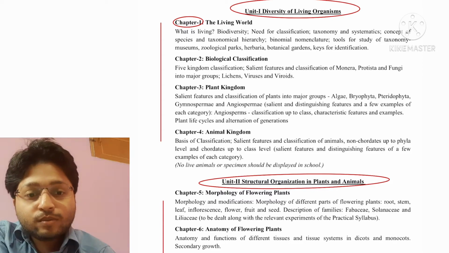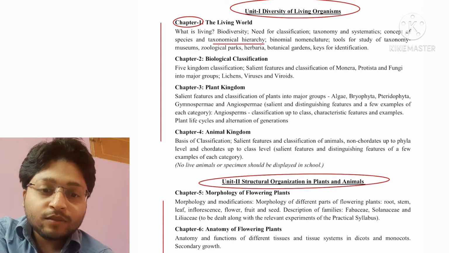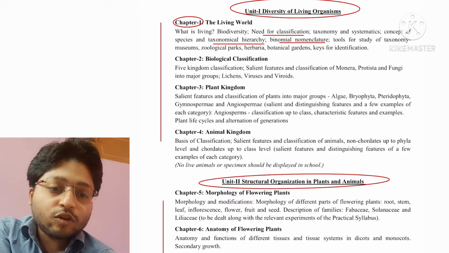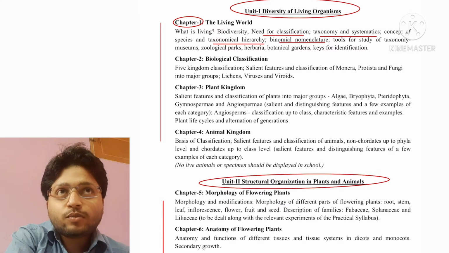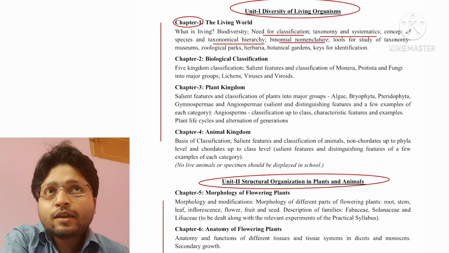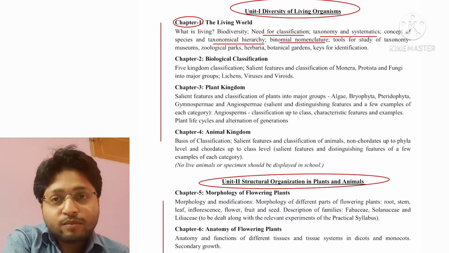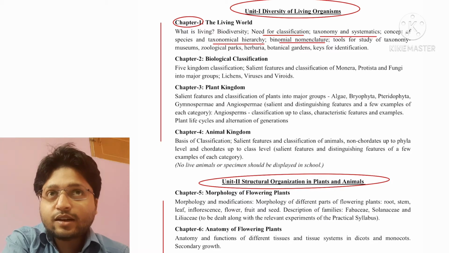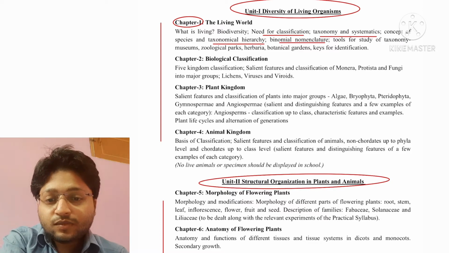In this chapter, we will also learn about the taxonomical hierarchy, binomial nomenclature, need for classification, taxonomy and systematics, etc. That means when a taxonomist or biologist gets an organism, how they categorize this organism into kingdom, phylum, class, order, family, etc. This is done by taxonomy.